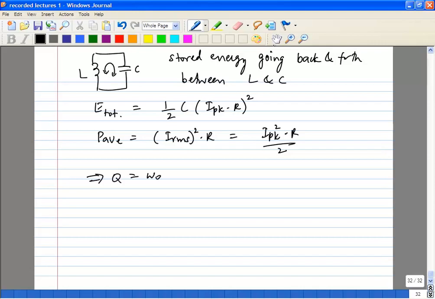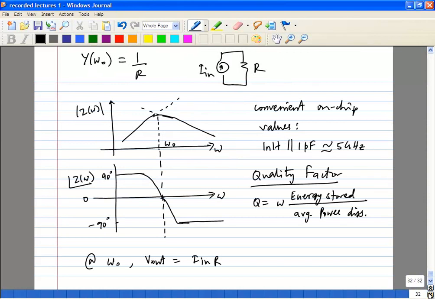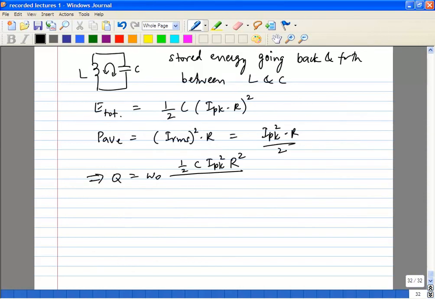Q is omega naught times half C I peak squared times R squared over half I peak squared times R, and we know omega naught is 1 over root LC.